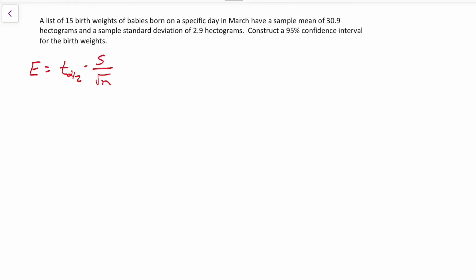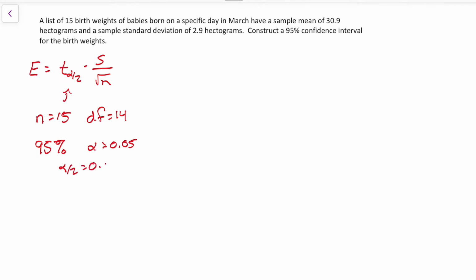So in this case, the first thing we really have to do is find our critical value t sub alpha over 2. Because n is 15, that tells us our degrees of freedom is 14. Because I have a 95% confidence interval, that tells me alpha is 0.05, and my alpha over 2 is 0.025. And we computed this already.